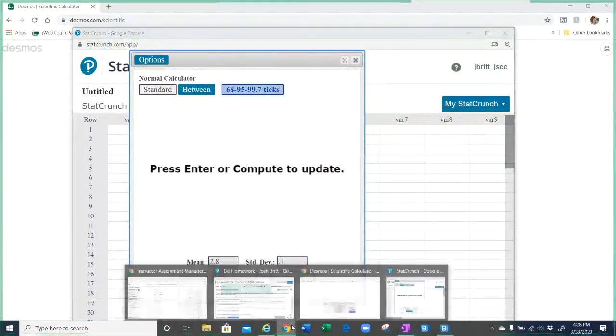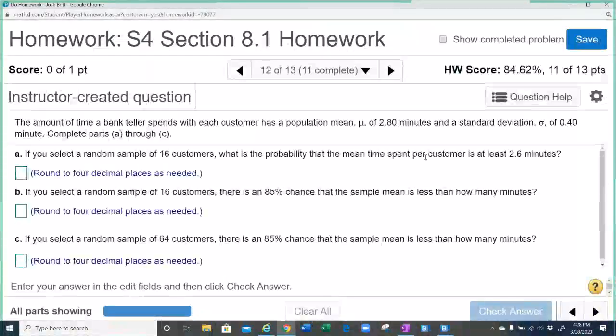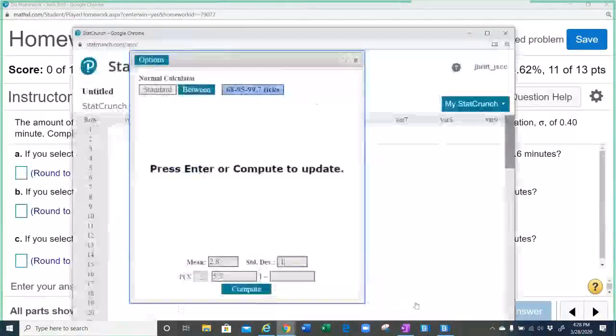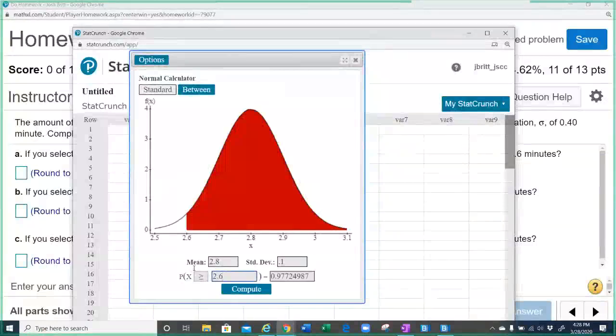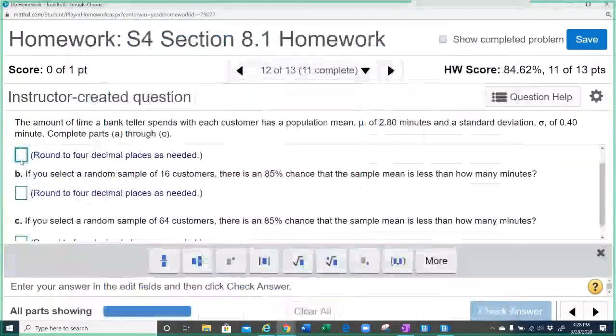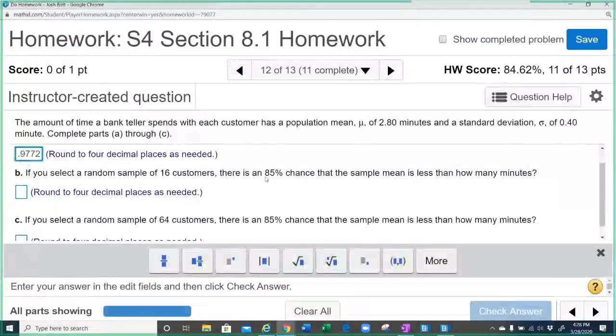And then the question was at least 2.6, which is just greater than or equal to. So at least 2.6, that's 0.9772. And then there's an 85% chance that the sample mean is less than. So here's where you give a probability.